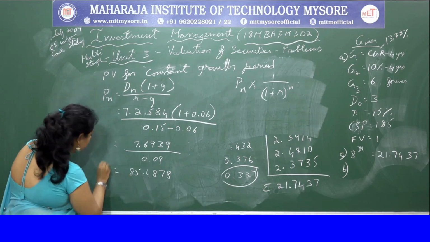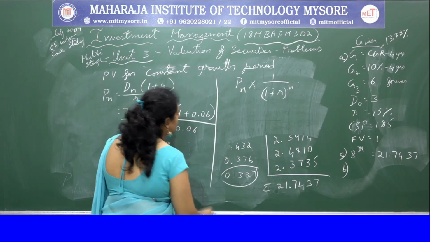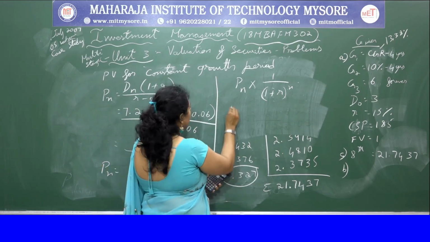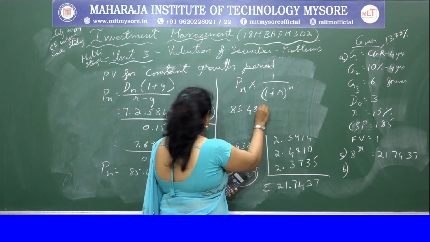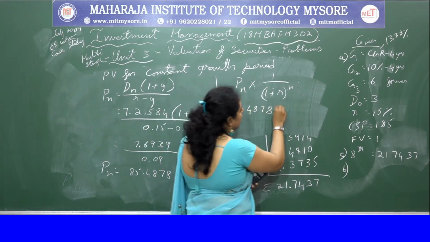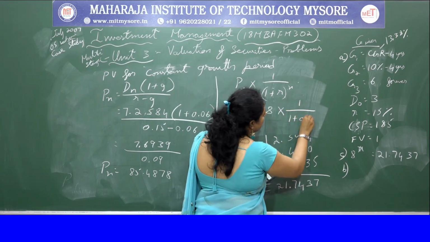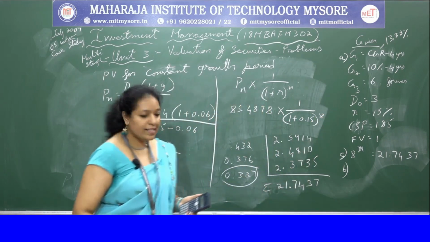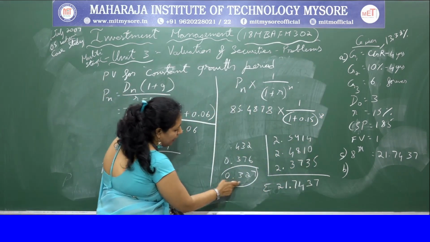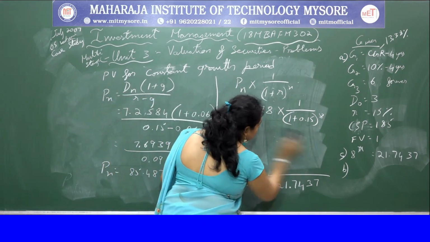So this is what you get as Pn. So this Pn we are taking it here. I will draw a line like this. 85.4878 into 1 divided by 1 plus 0.15 to the power of 8, or else this value you can take directly.